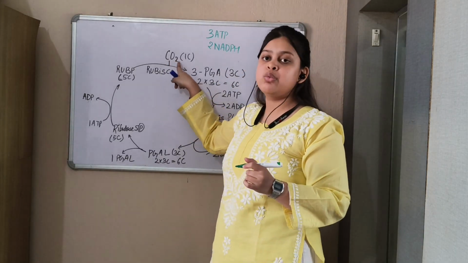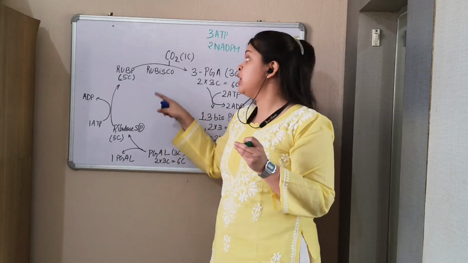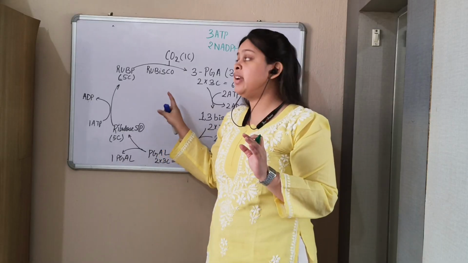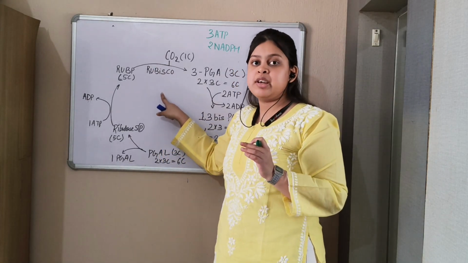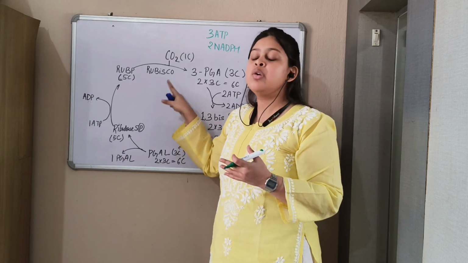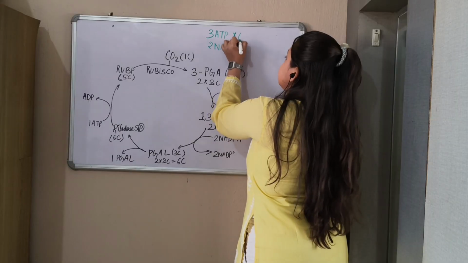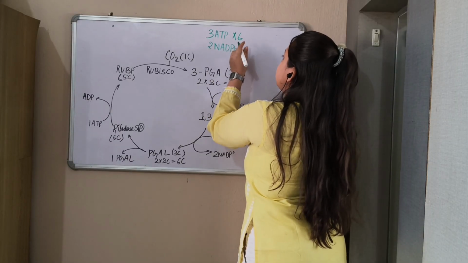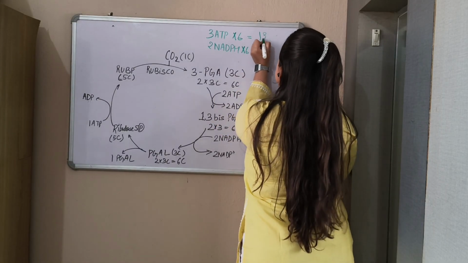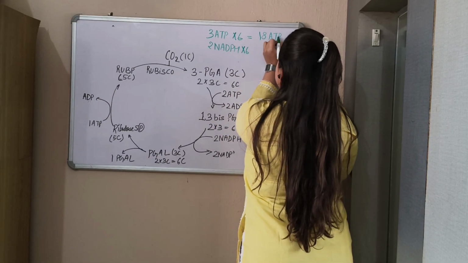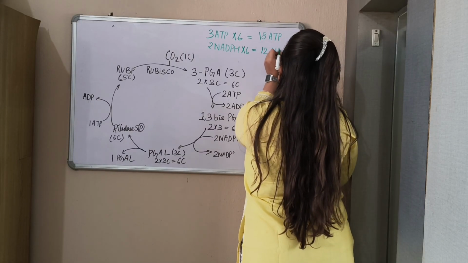We are taking one CO2 molecule, and for the synthesis of one glucose molecule, which is a 6 carbon compound, we need 6 molecules of carbon dioxide. So the cycle has to repeat 6 times. So 6 Calvin cycles are required for the formation of one glucose molecule. This was for one cycle, so we multiply by 6. 3 ATP multiplied by 6 is 18 ATP, and 2 NADPH multiplied by 6 is 12 NADPH.